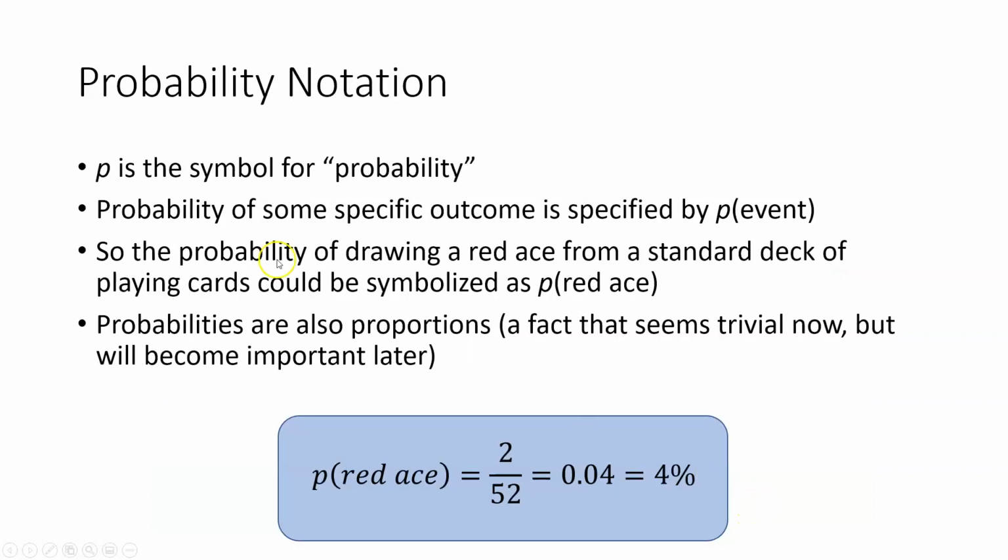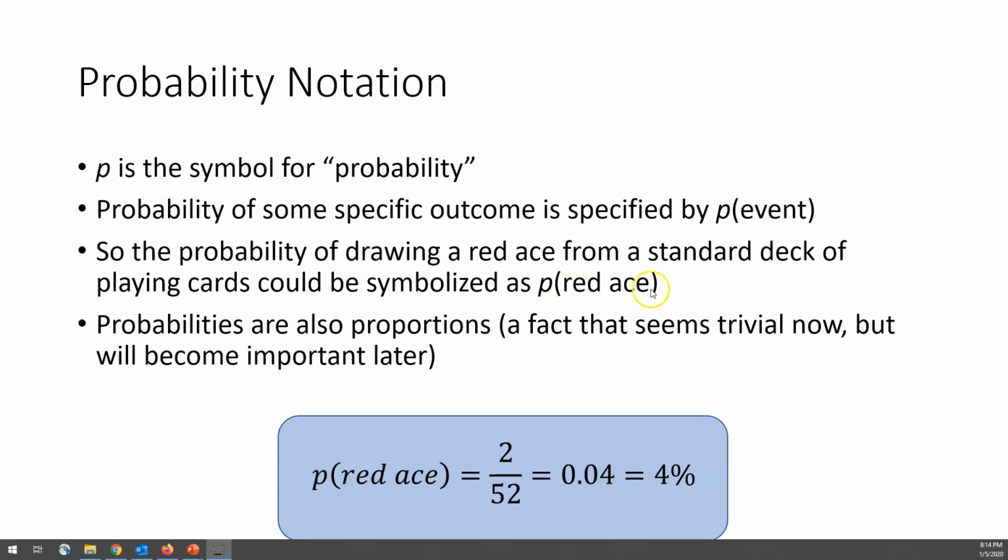We use some specific notation when we're dealing with probability. An italicized P is the symbol for probability, and usually after that, we specify in parentheses some outcome that we're interested in, some event. So the probability of drawing a red ace from a standard deck of playing cards could be symbolized as italicized P with parentheses red ace, as the event we're interested in finding.